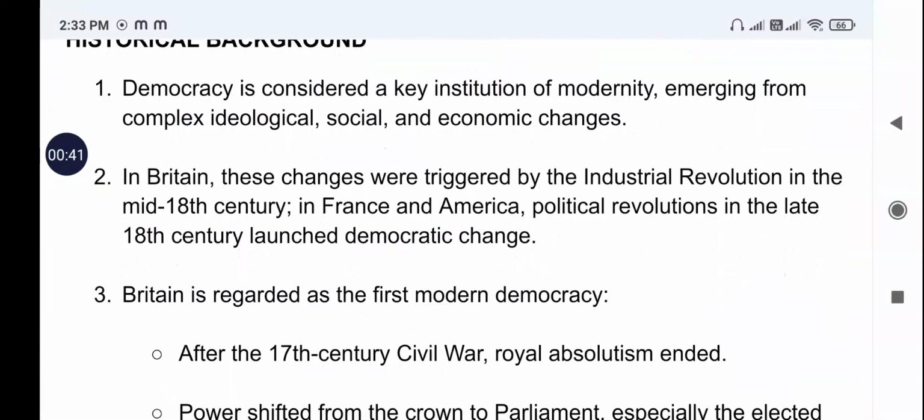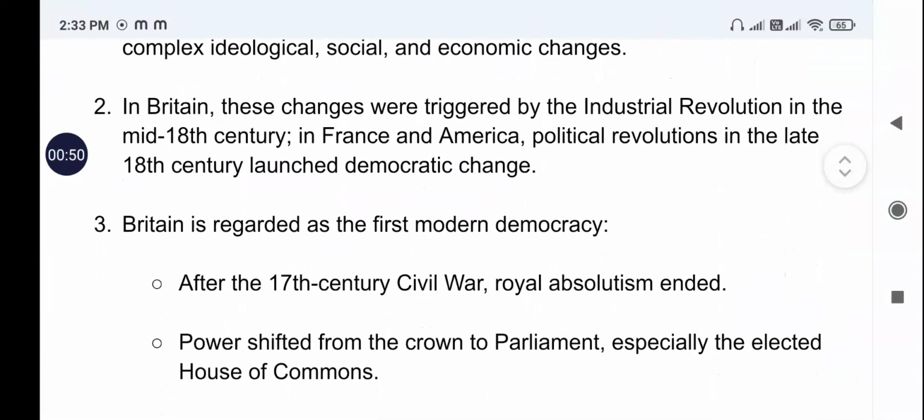In France and America, political revolution in the late 18th century launched democratic changes.